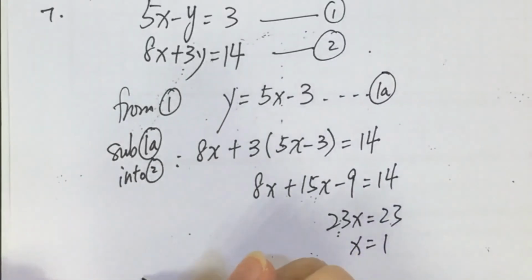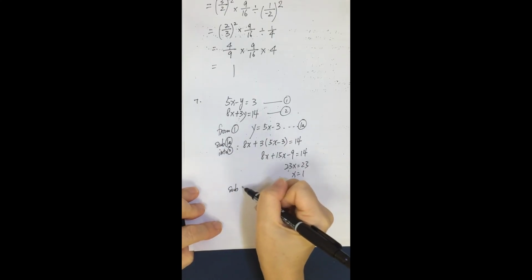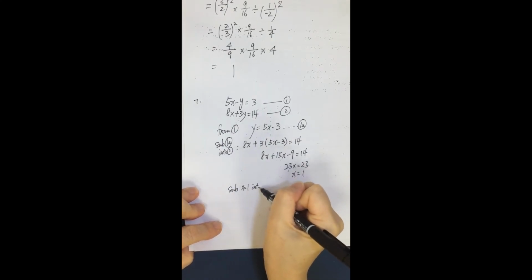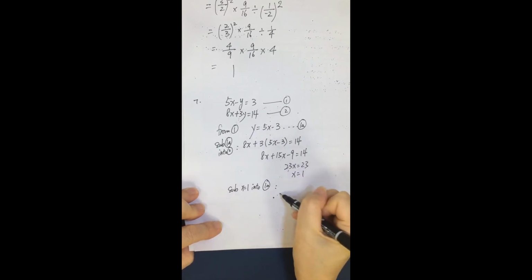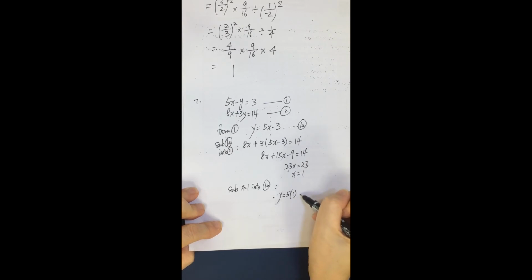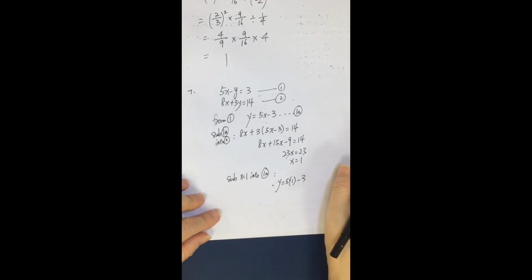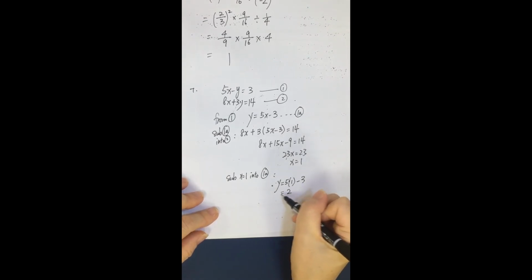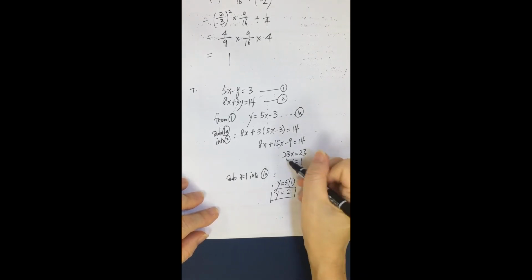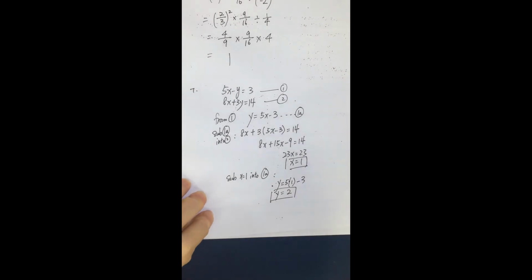When x is 1, substitute x equals 1 into equation 1a. I'm going to get y is 5x, x is 1, minus 3. I think it's blacked out, right? Can you see? Yeah. So y equals 2. So here x is 1, y is 2.